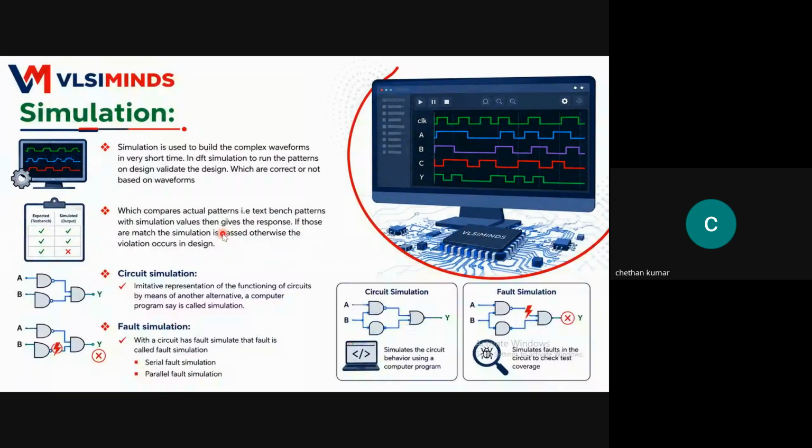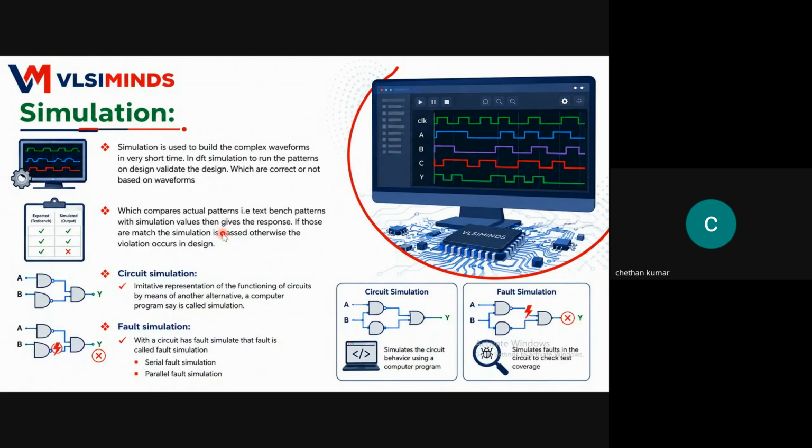Next, after generating the patterns, we need to validate them. That is the simulation step. Whatever patterns we generated from the ATPG, either for stuck-at faults or for TDF, have to be validated before delivering to the ATE machine. We ourselves have to validate whether they are correct or not, because based on these patterns they segregate whether chips are faulty or fault free.